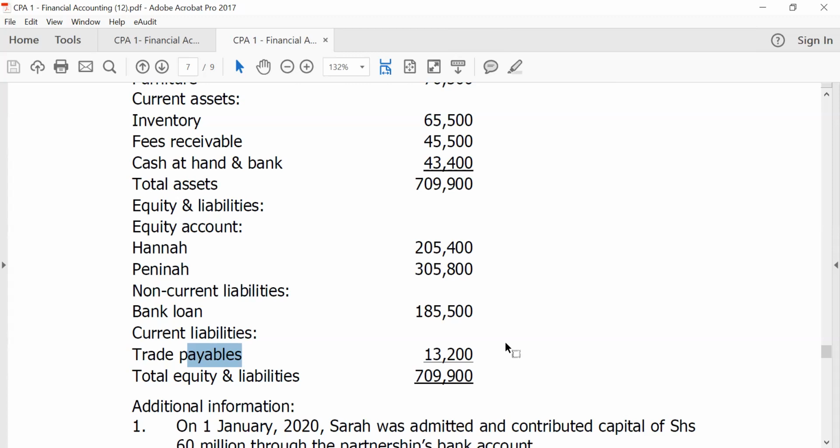Which question is that? I don't remember, but I encountered it, either in the textbook or in the question papers. It was like an error. Goodwill was recorded as capital contribution.